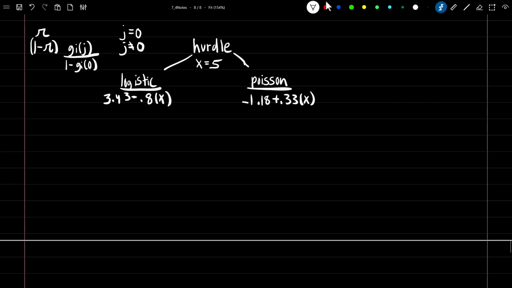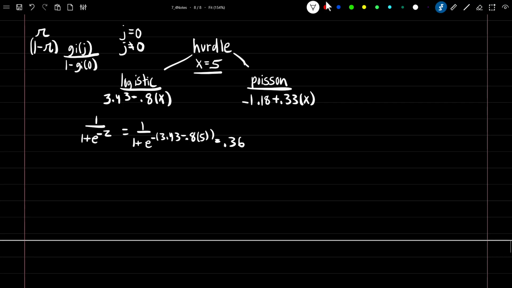So if we wanted to find our pi, or the probability of not overcoming the hurdle, which in our case is they didn't enter the pool yet, we'd enter it into our sigmoid function, 1 over 1 plus e to the negative z. So 1 over 1 plus e to the negative 3.43 minus 0.8, and we're using x is equal to 5, and we get a pi value equal to 0.36.